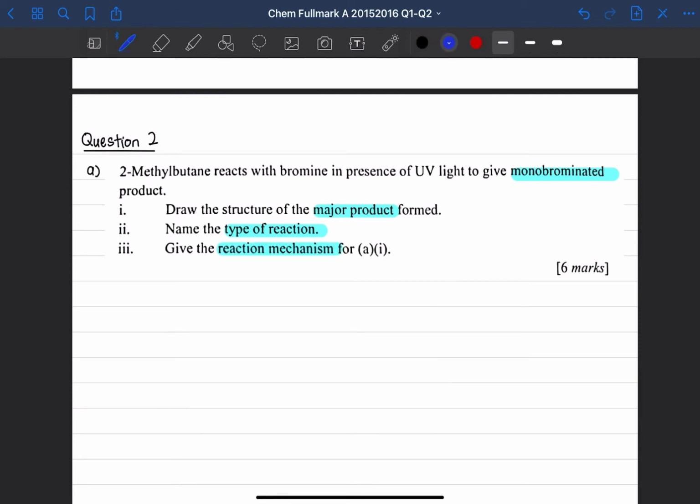Okay, so let's start. 2-methylbutane. Do you know the structure of 2-methylbutane? So 2-methylbutane is CH3, CH2, CH, with a CH3 branch, CH3.